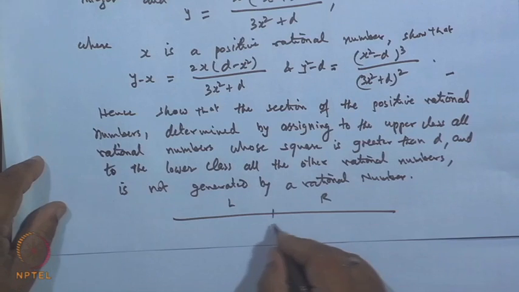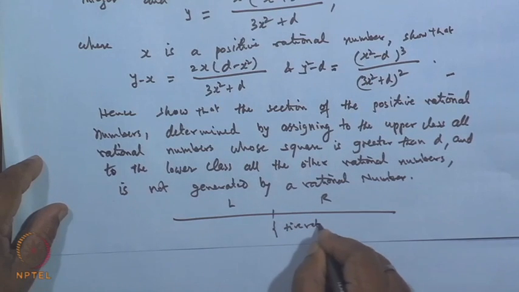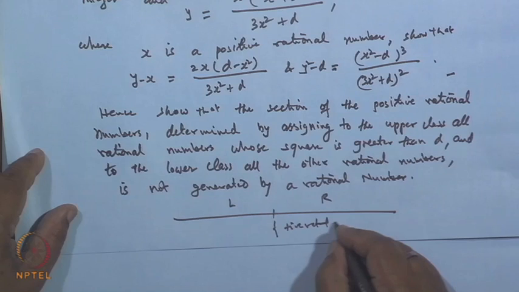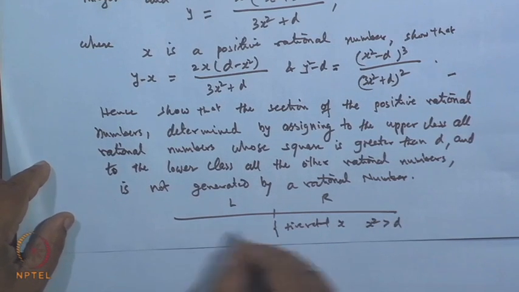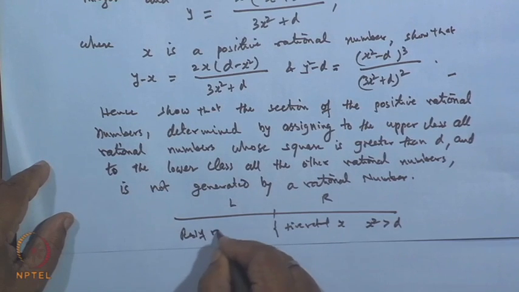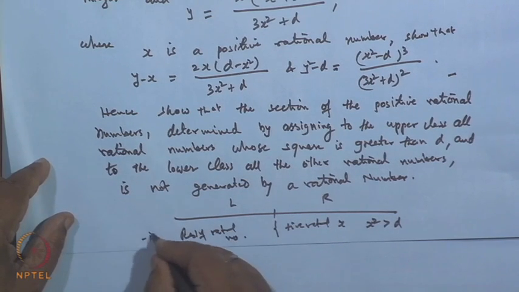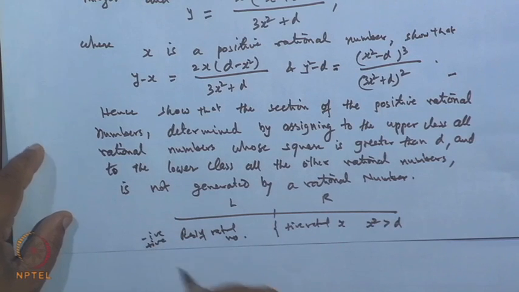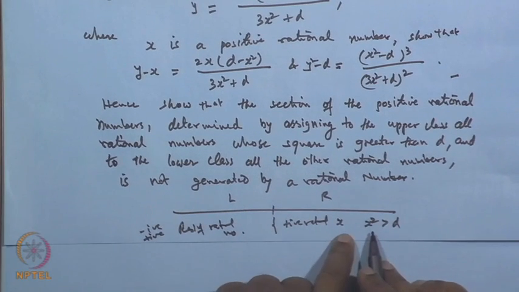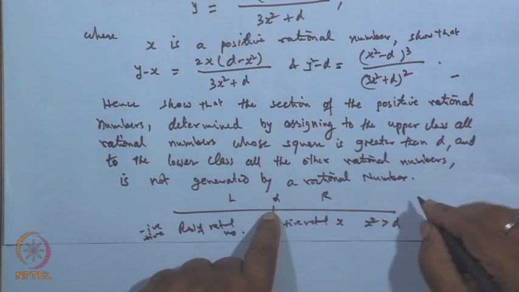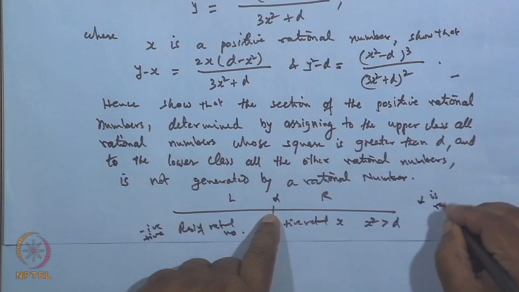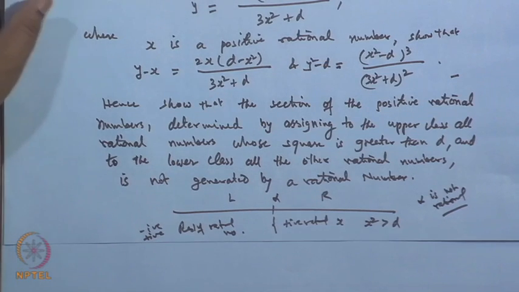We take those positive rational numbers x such that the square is greater than d for the upper class, and the lower class has the rest of the rational numbers, including all negative ones and some positive ones. Now, we wanted to show that this number alpha is not rational. The proof is very simple, just go ahead.